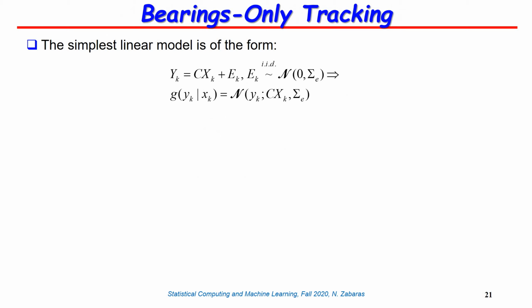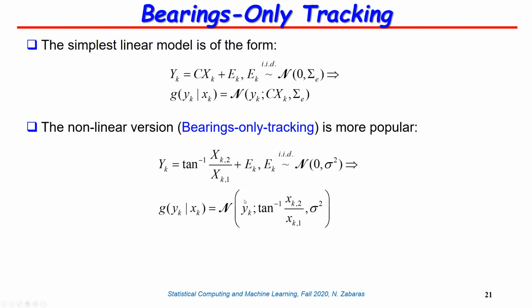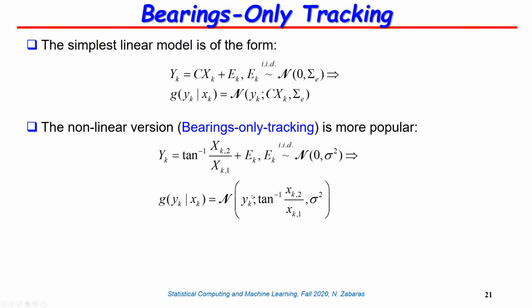So in the context of tracking, here is a standard problem that is called bearings-only tracking. Let me put up all the equations. What we have is an observation y. If you think of a missile, let's say, on the plane, and these are the y and the x coordinates, this looks very much like the angle of where the missile is.